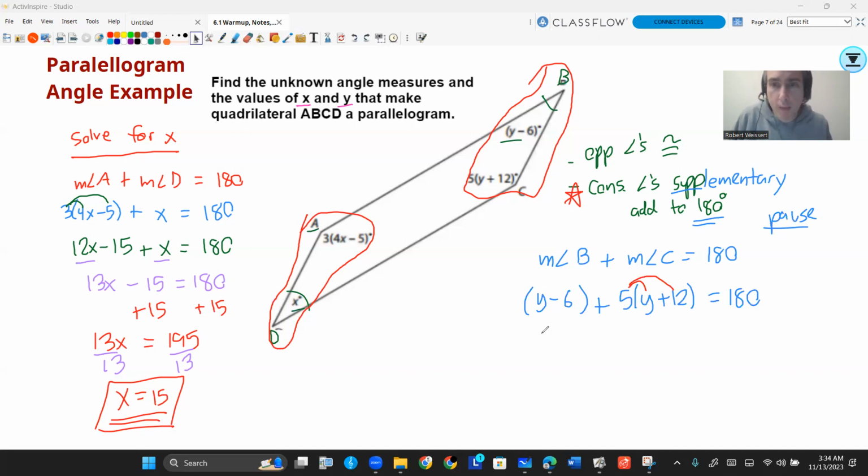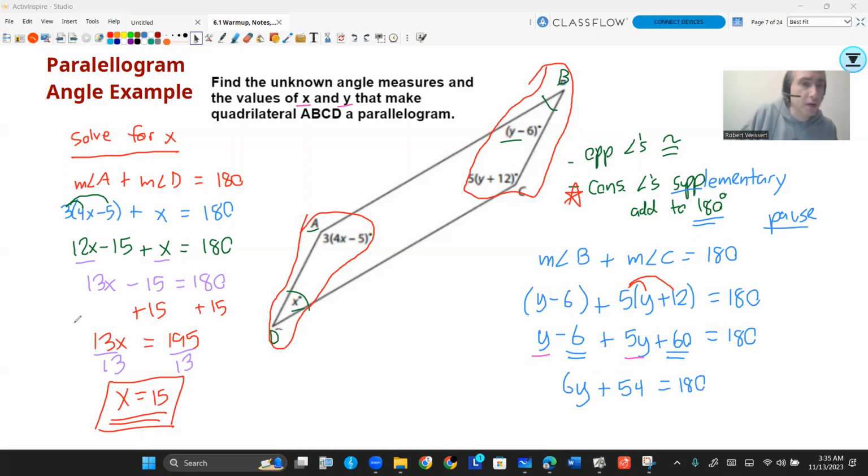I get y minus 6 plus 5y plus 60 equals 180, since 5 times 12 is 60. From there, I combine like terms. The y and the 5y add to 6y. The minus 6 and the 60 add to 54, since it's 60 minus 6.